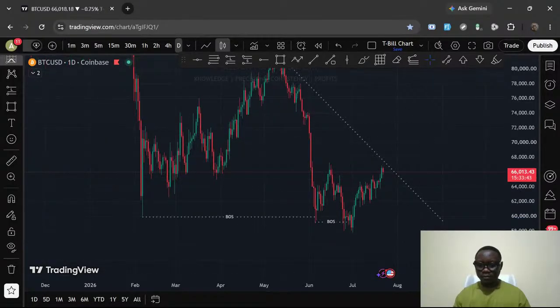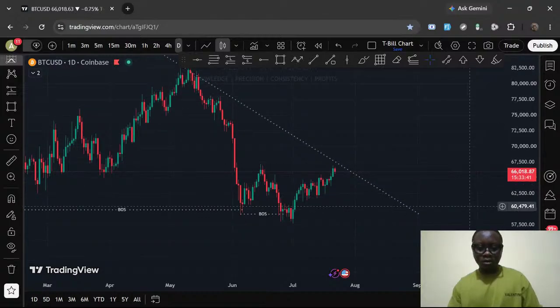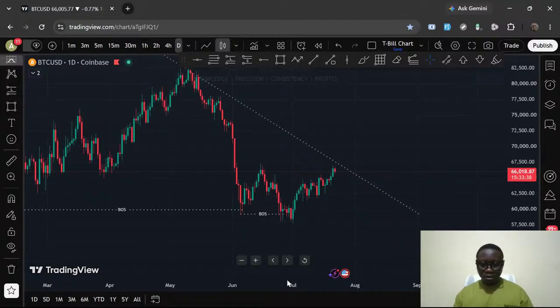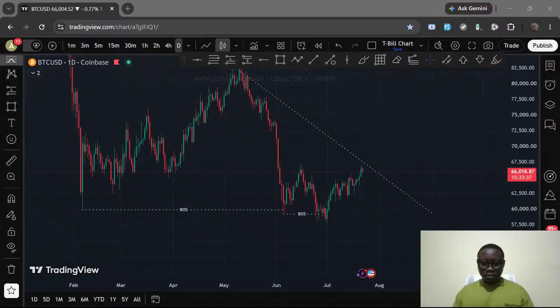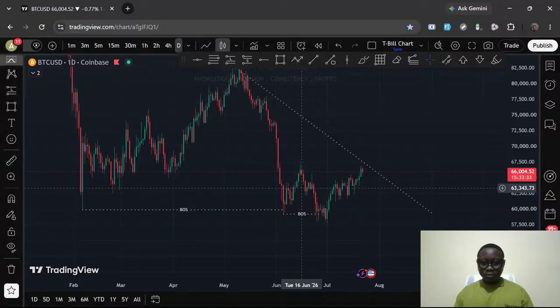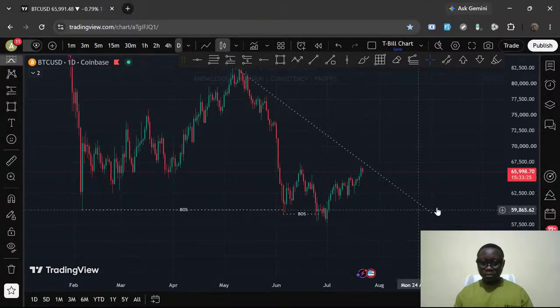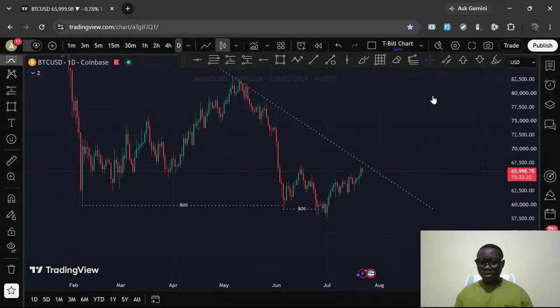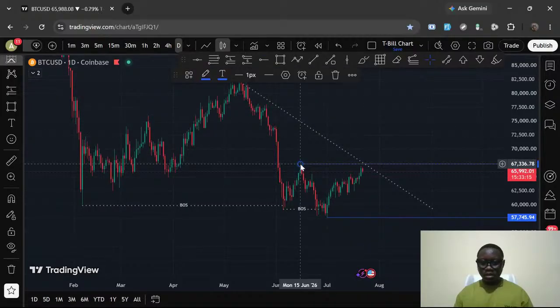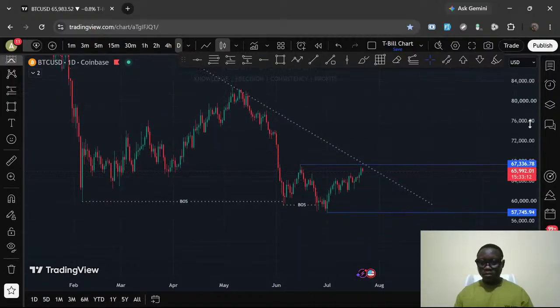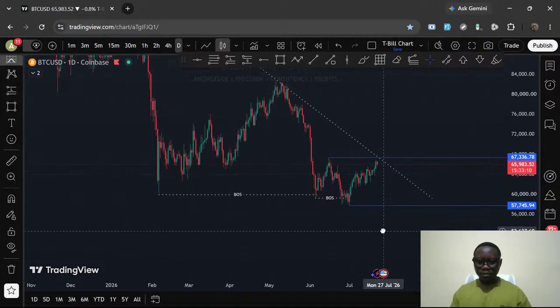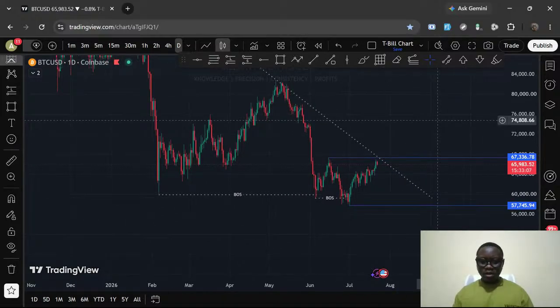And we have this, our sell side liquidity, and this is our buy side liquidity.